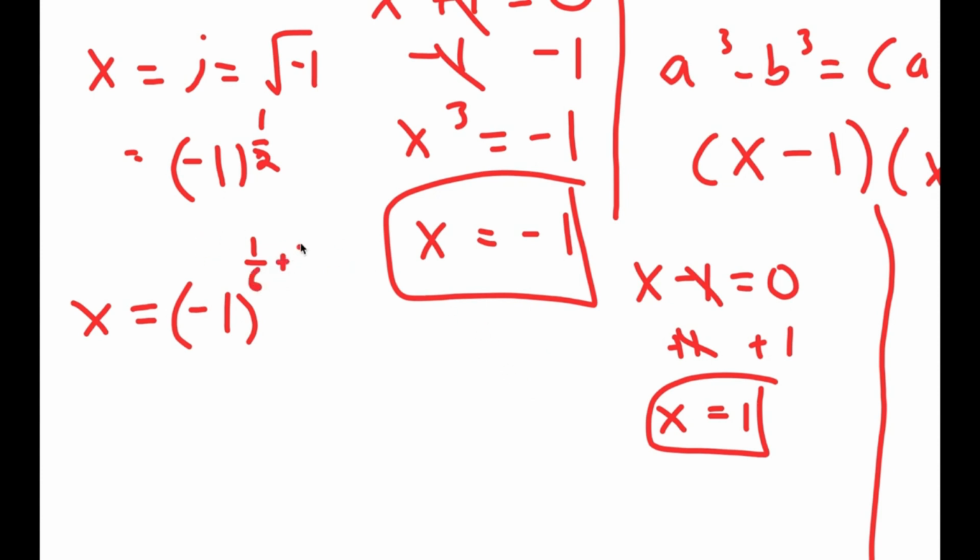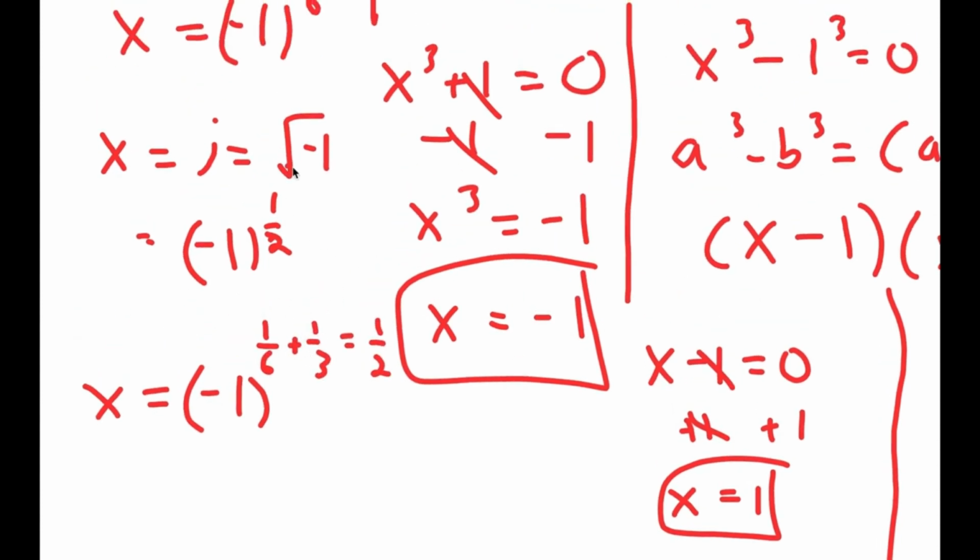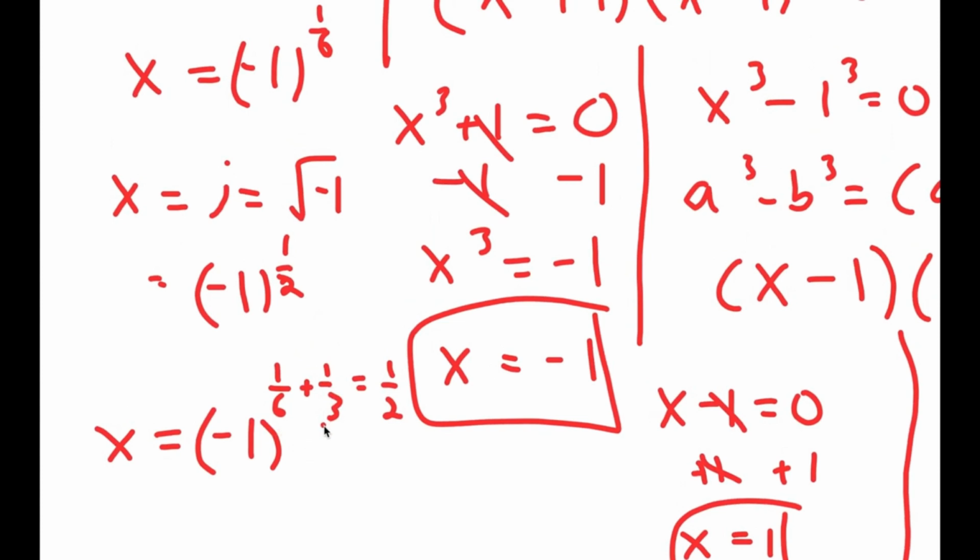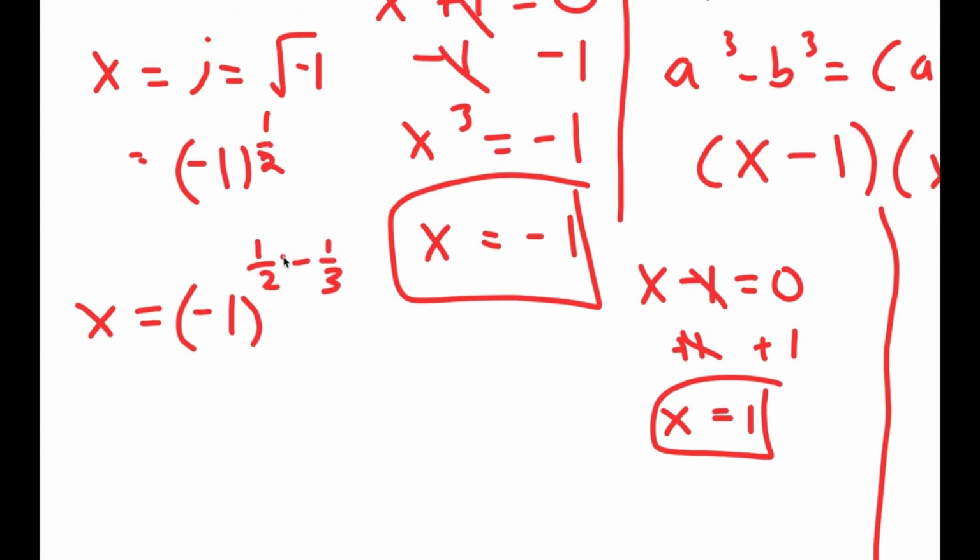So 1 over 6 plus 1 over 3 is equal to 1/2. Meaning 1 over 2 minus 1 over 3 is what we can rewrite 1 over 6 as. Now, this is the same thing as 1/2 plus negative 1 over 3.